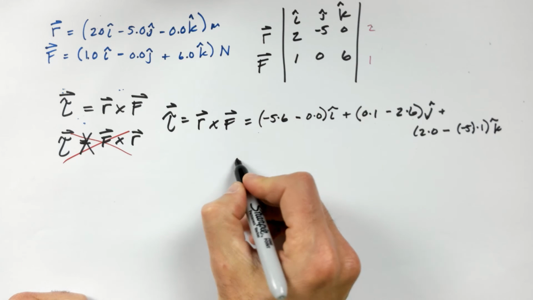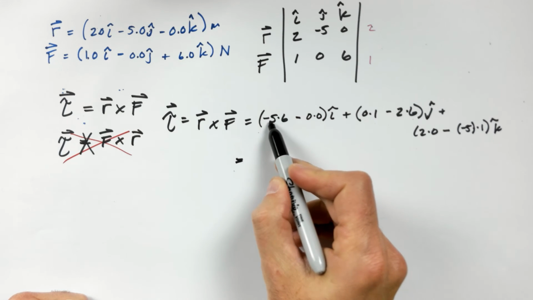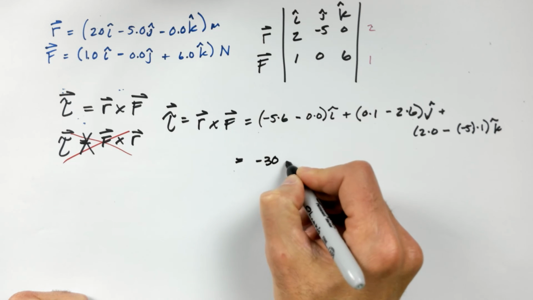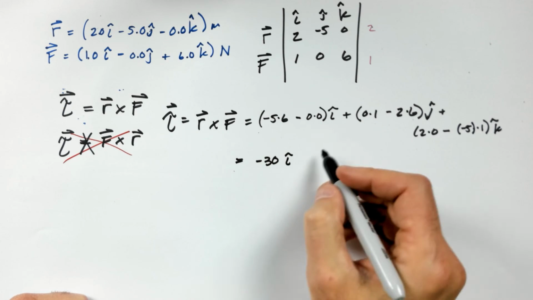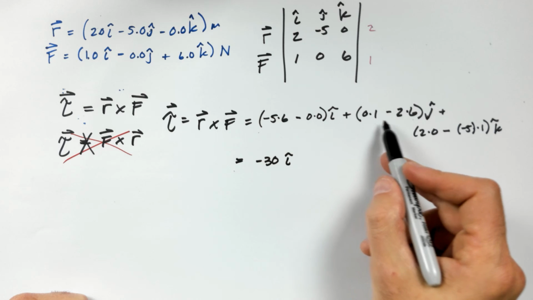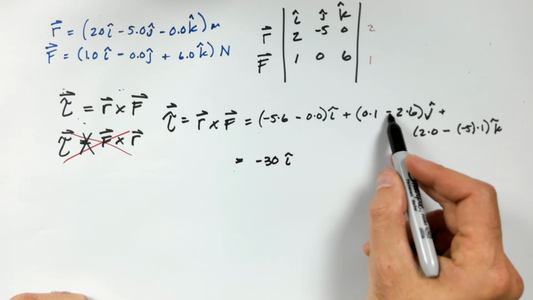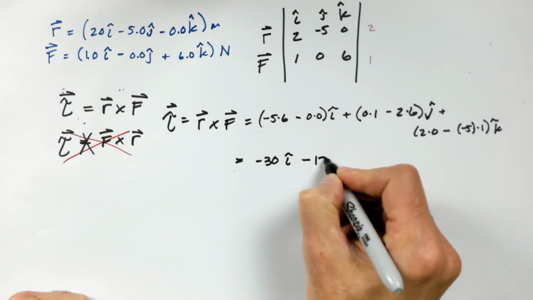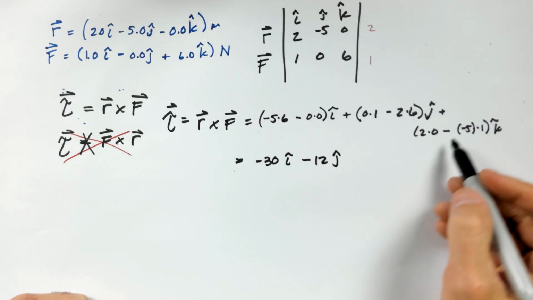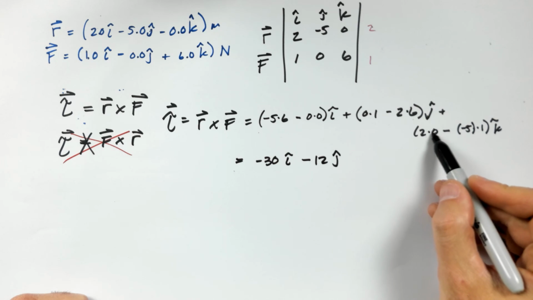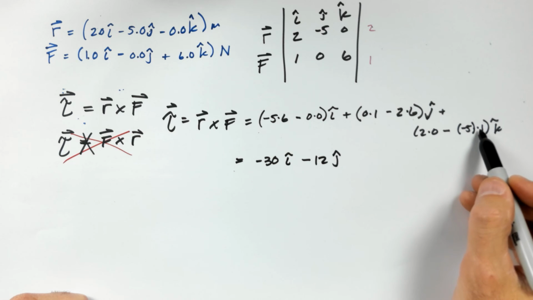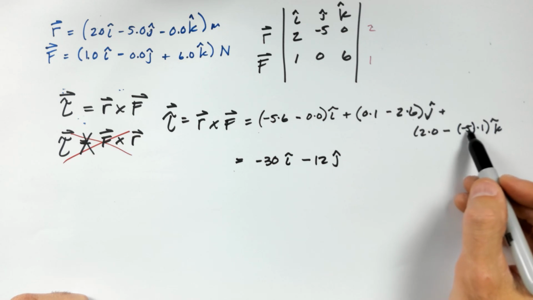So let's sum that up. I have -30 minus 0. It will be -30 in the I, plus, let's see, we have 0 minus 2 times 6. So that's going to be a -12 in the J. And then in the K direction, we have 2 times 0, which is 0, minus -5 times 1 is -5, so minus that.